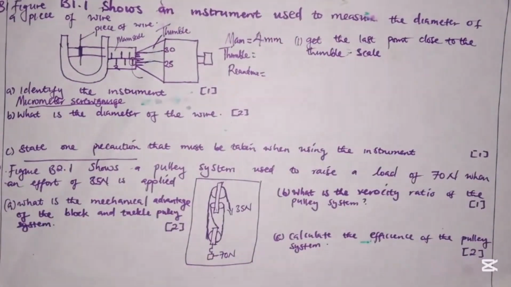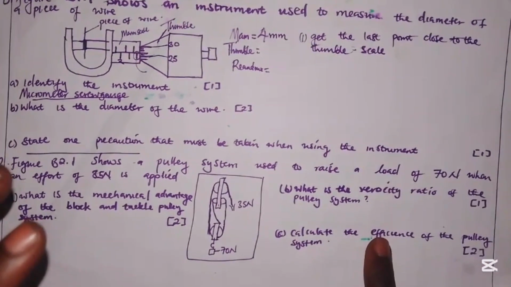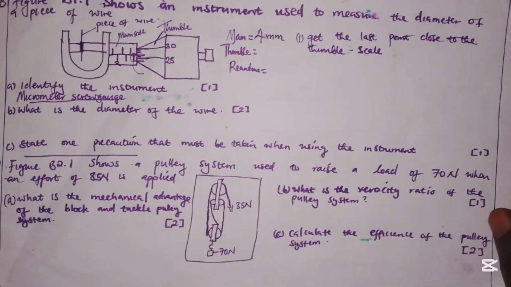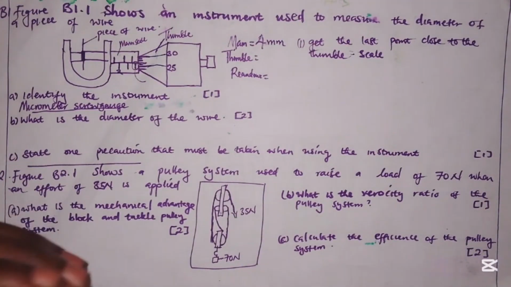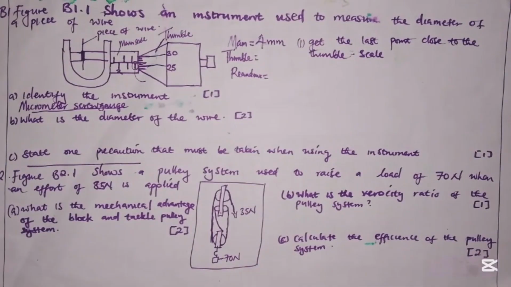Yeah. So remember, the micrometer screw gauge is always measured in millimeter. Don't forget the unit. So now, how do we measure the thimble? So the thimble, we measure the line.